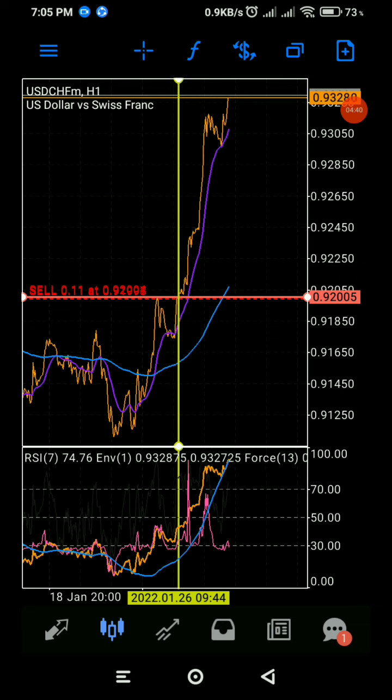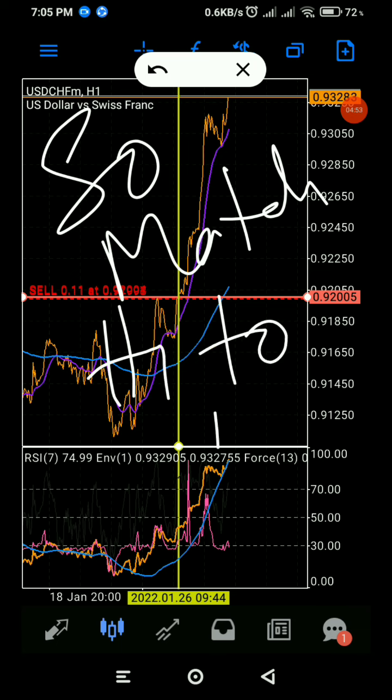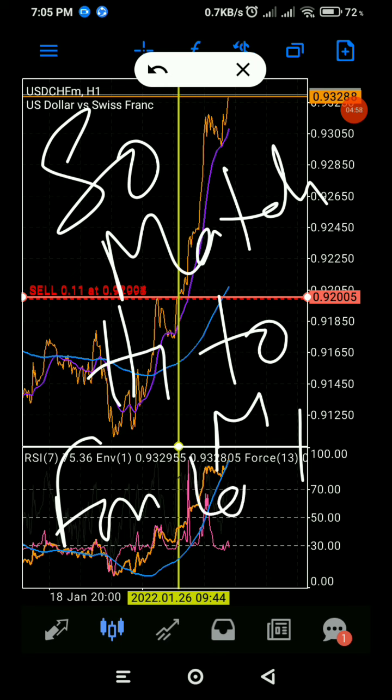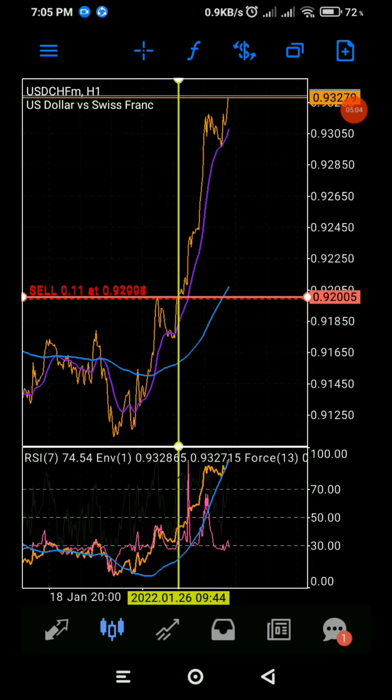So before taking entries, you have to match your time frame with the higher time frame. Match your H1 confluence to M1, so that will lead you to better gains.